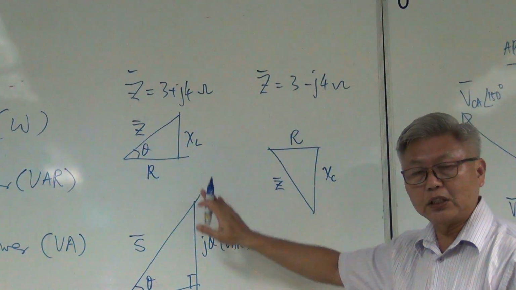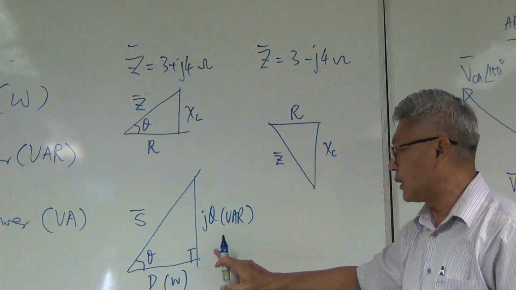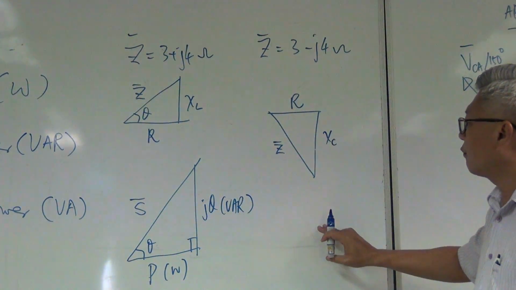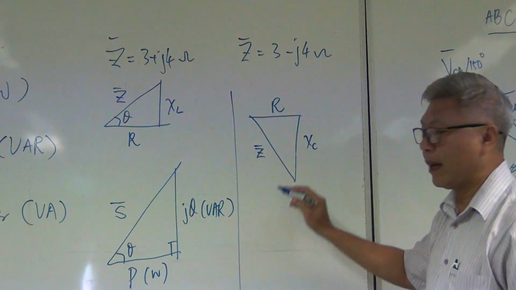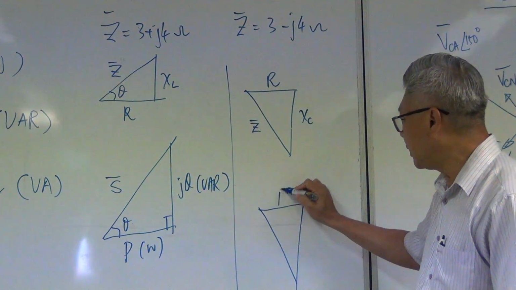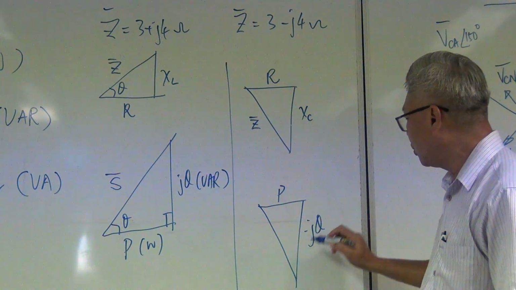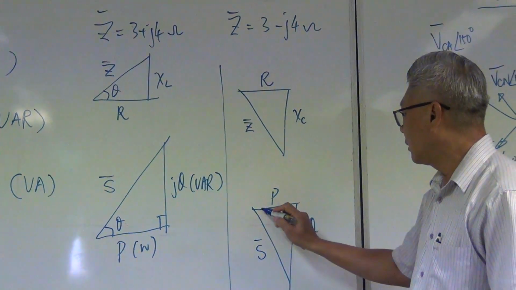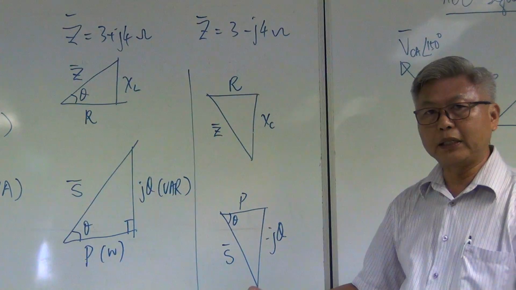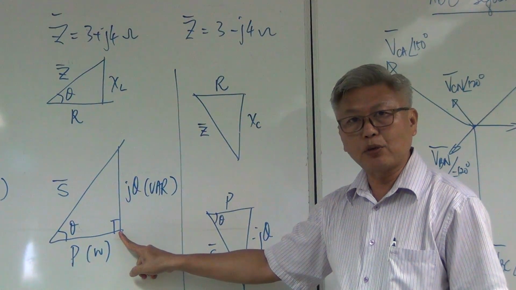If it's an inductive circuit, the power triangle points up because this is an inductive reactive power. Whereas for a capacitive circuit, the power triangle points down. So you have P, and here's minus JQ, and this is S, right? So in other words, the thing that we want to know is that the power triangle PQS is a right angle triangle.